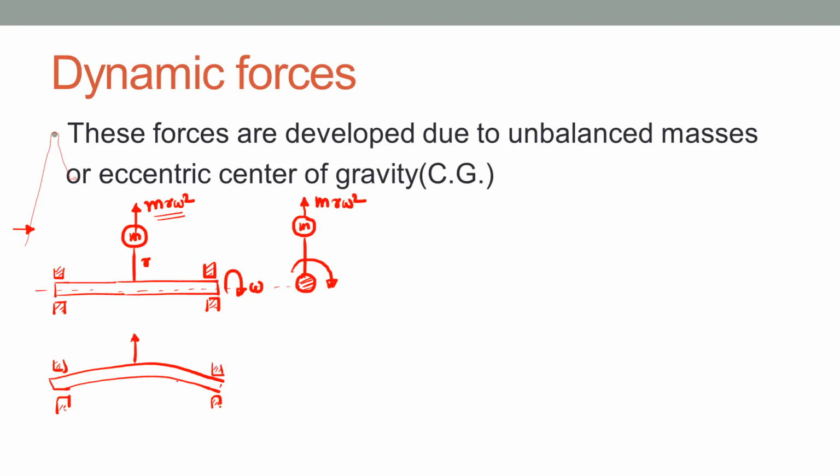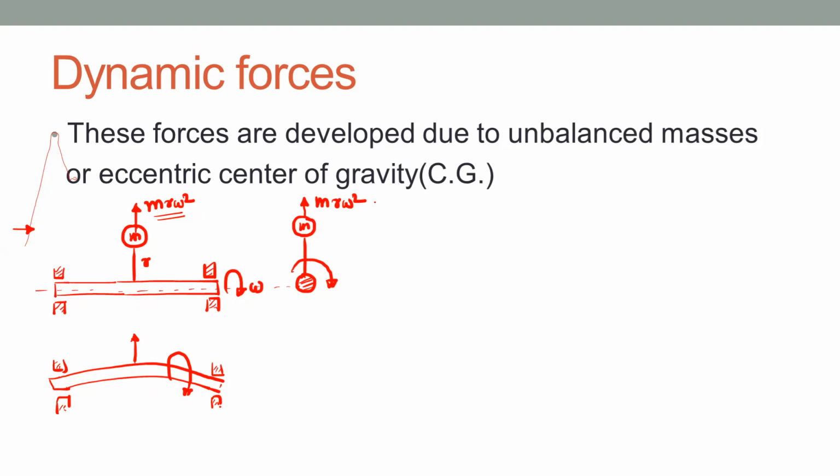And if this machine is working continuously, then there is a possibility that this shaft may fail because of this unbalanced centrifugal force. So to avoid this failure, we need to balance the system.